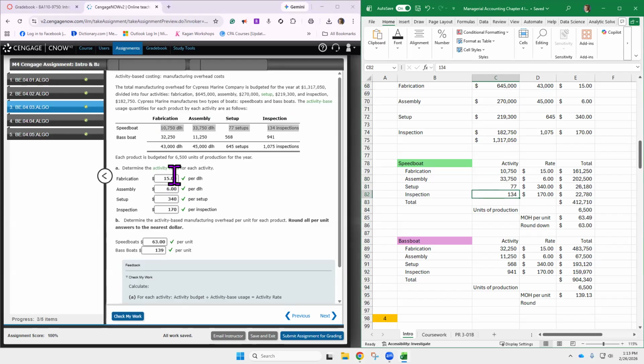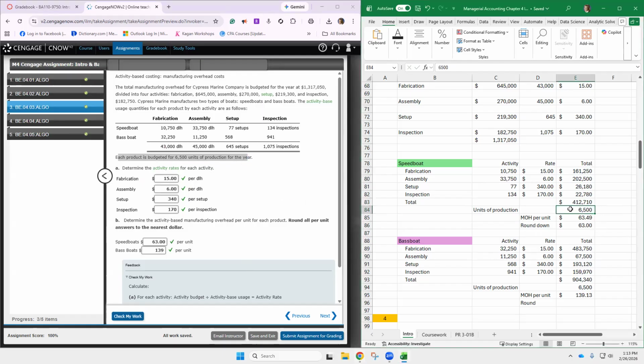Okay, and then we just simply use these rates against all these activities, and then here comes the total amount of overhead for the speedboat. Then you add all four of these up to get a total. And then they said that each product is budgeted for 6,500 units.